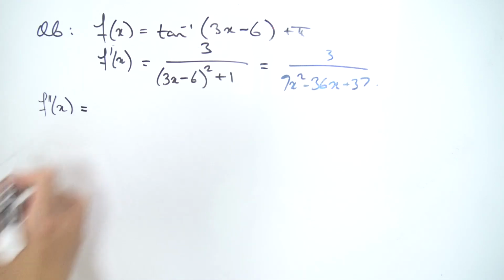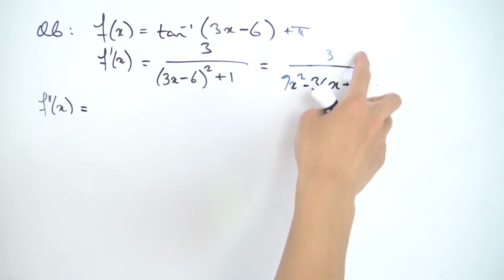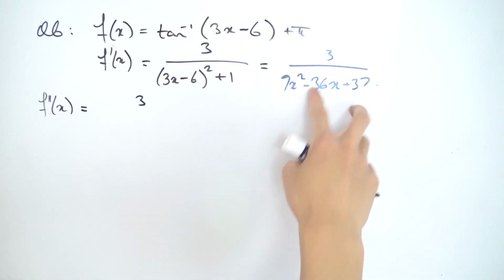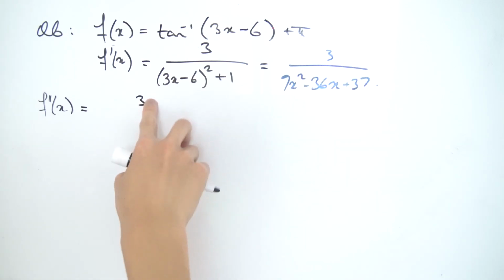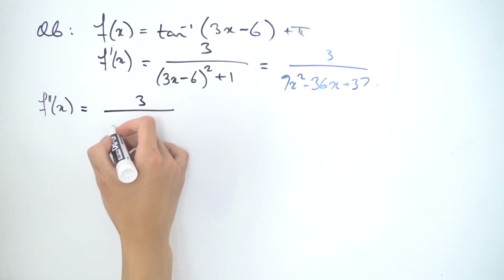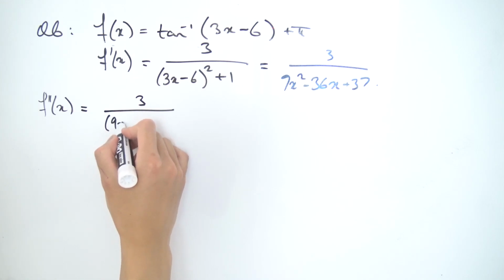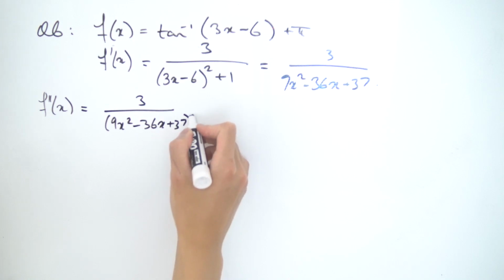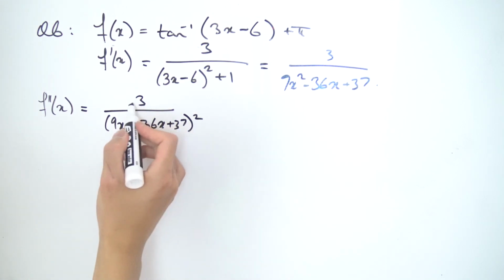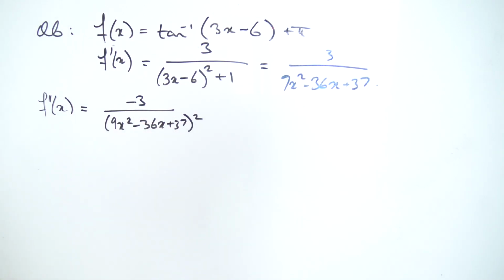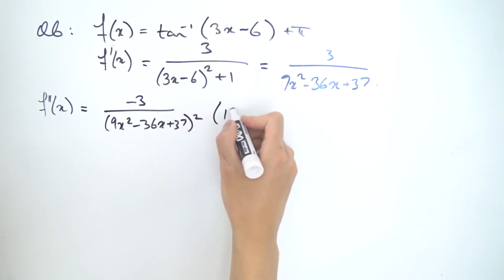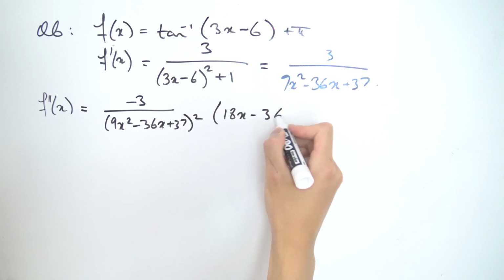For the double derivative, to evaluate this derivative, we have 3 over some function of x, so the 3 remains, and then the function of x gets squared, so 9x squared minus 36x plus 37, squared, but because of the power rule we also introduce a negative, and then we have to differentiate the inside, which is 18x minus 36.